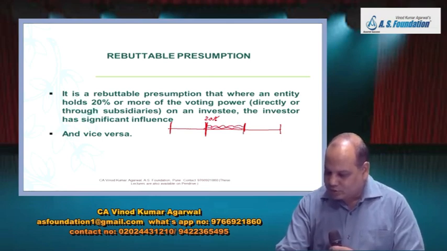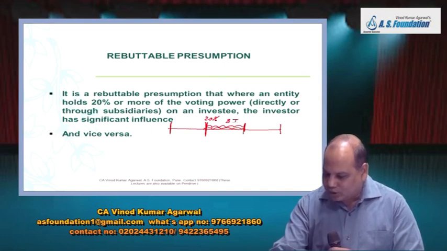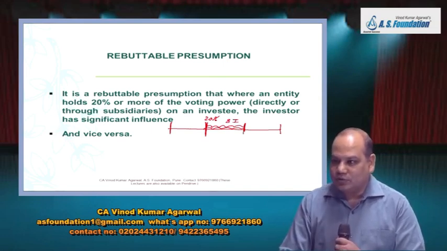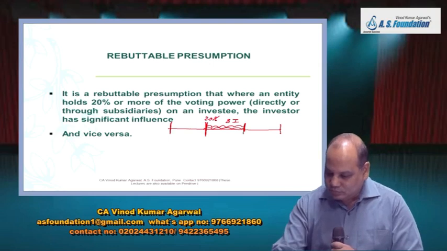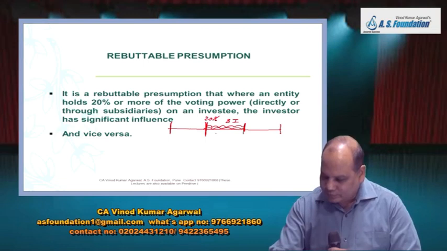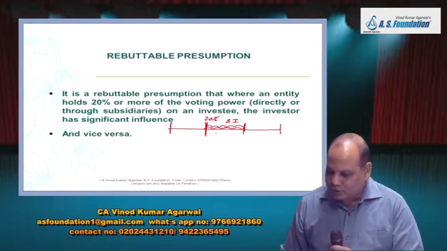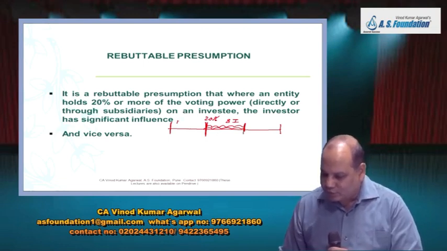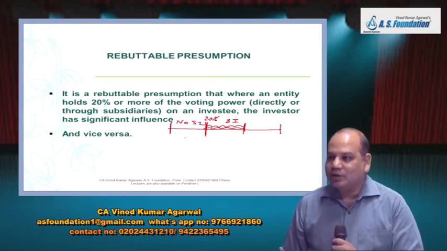So the assumption is you exercise significant influence, unless proved otherwise. Unless proved otherwise. And if you are on this side of the boundary, no significant influence. Again, unless proved otherwise. Then what is the use of this?